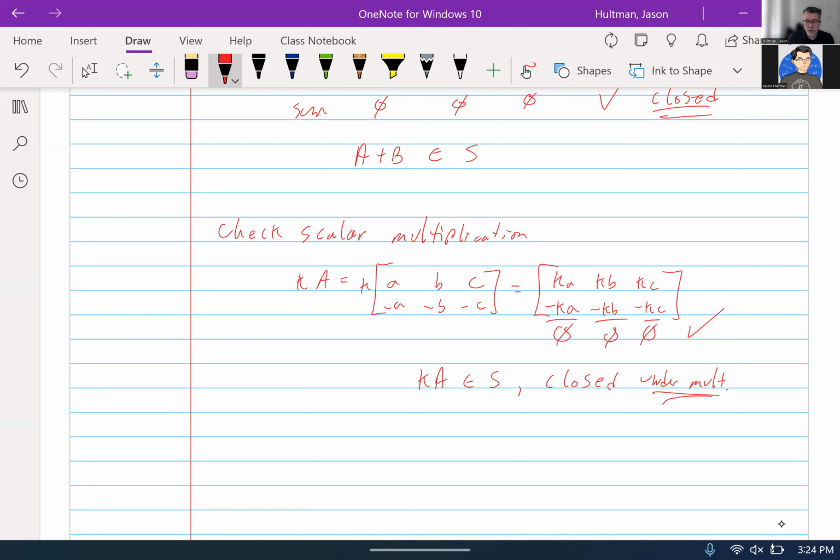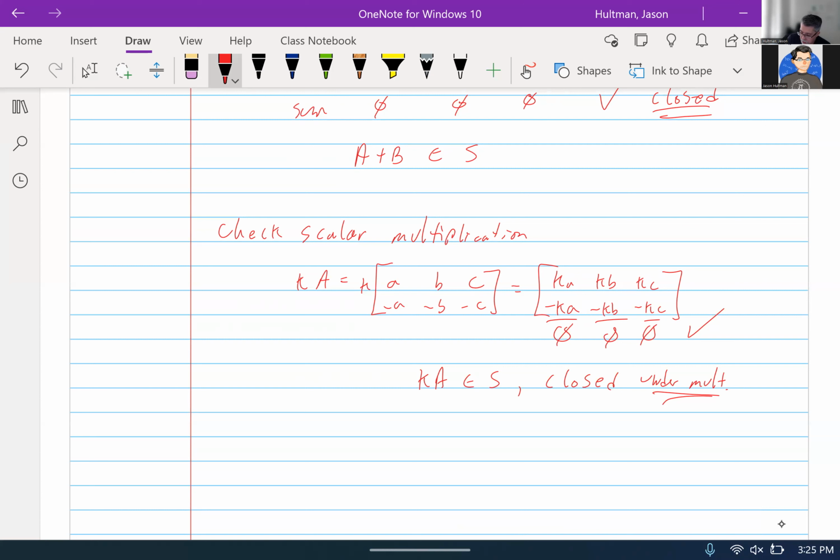Since it's closed under multiplication, it's closed under addition. We already know that the zero vector is a part of it. You don't necessarily have to check the zero vector, but it's a good first try, because we could check a lot of stuff real quickly that could never be a vector space if the zero vector isn't a part of it.